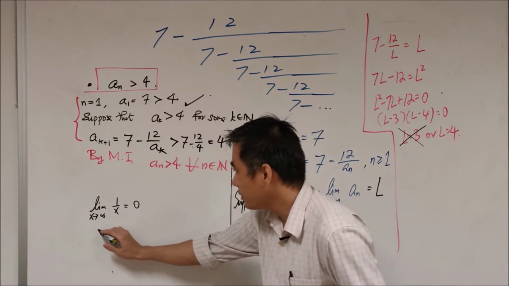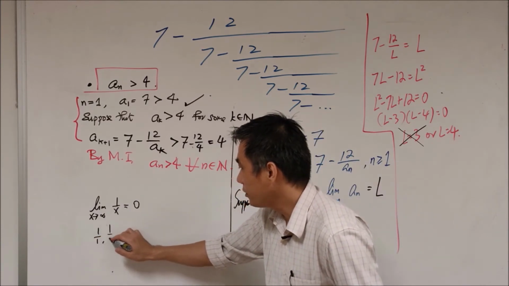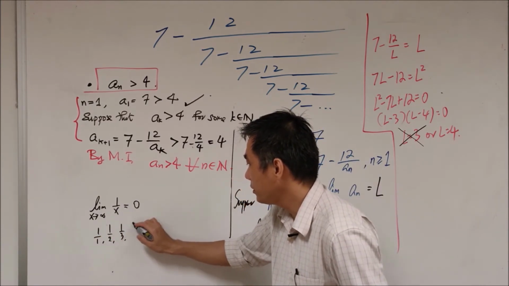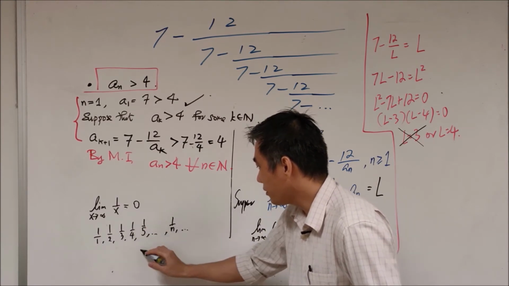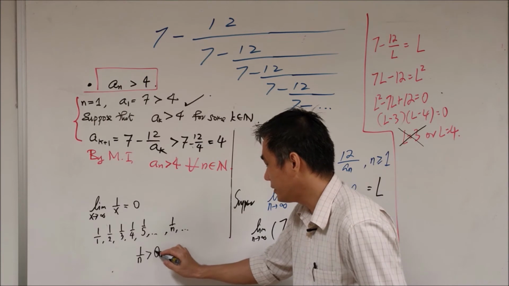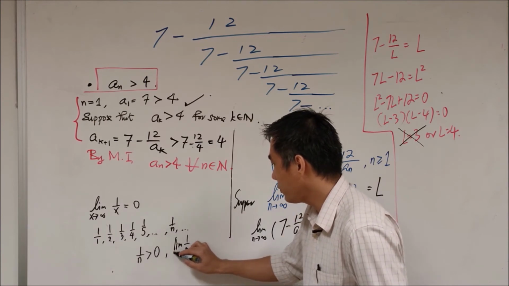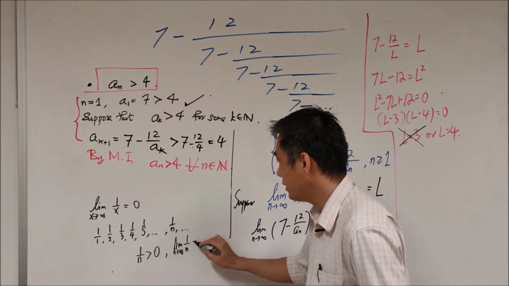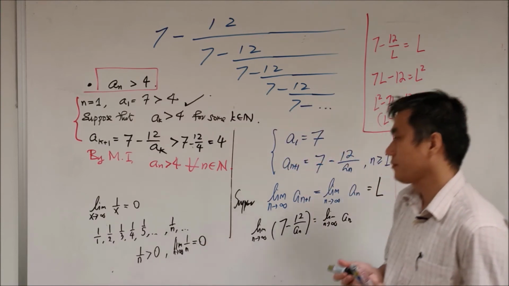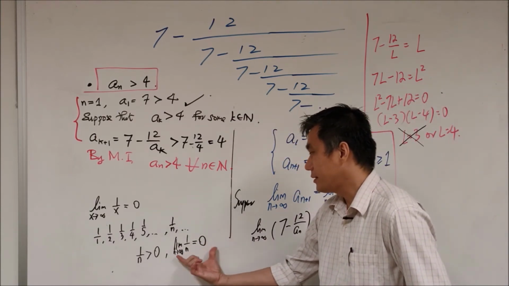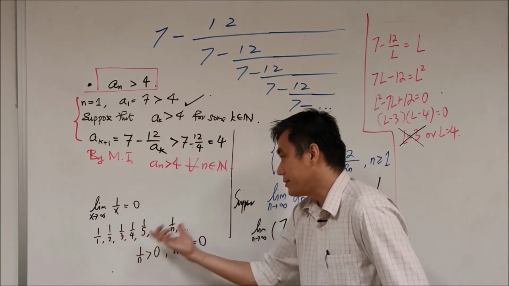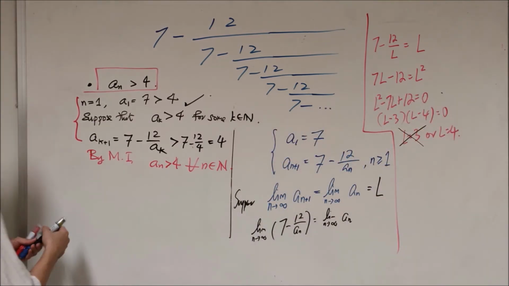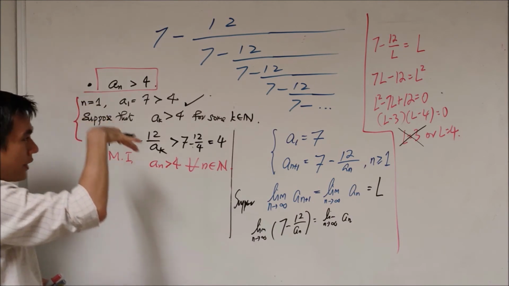But when you check 1 over 1, 1 over 2, 1 over 3, 1 over 4, and so forth, each of these is greater than 0. The limit of 1 over n when n tends to infinity is 0. When n is big enough, we say that this equals 0, although each of the terms is more than 0.